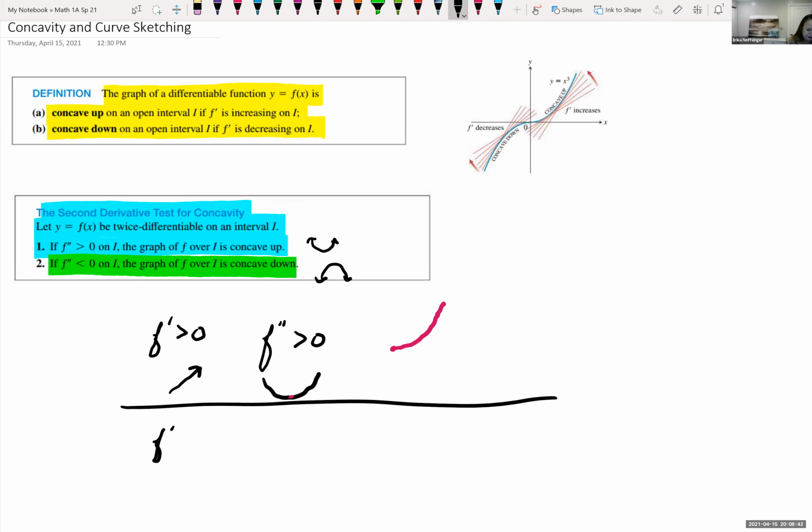You could have your derivative greater than 0, still increasing, but our second derivative is less than 0. So that means it would be a concave down shape. And if it was a concave down shape and increasing, on this side it would have a shape that looks like this.